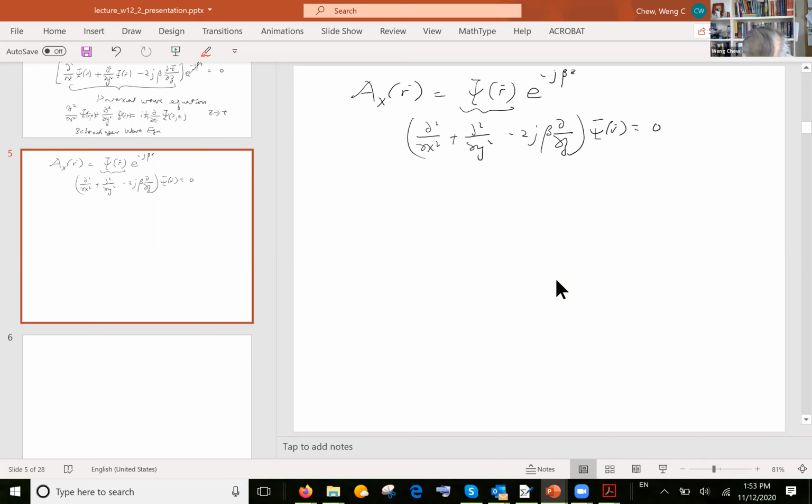So to imagine what is happening with this wave, you can think of it as a wave that is propagating in the z direction. The phase is rapidly changing in the z direction, but otherwise it's slowly varying in the other direction. Okay? In the transverse direction, it's very slowly varying. It actually is an approximate solution to this equation.